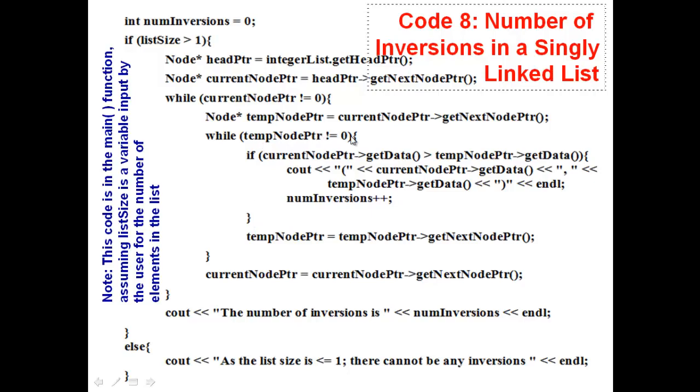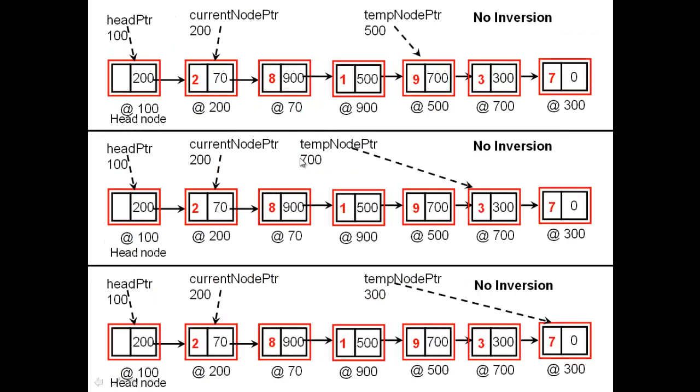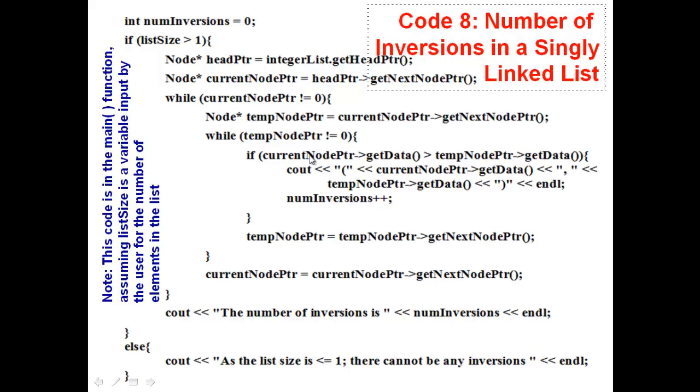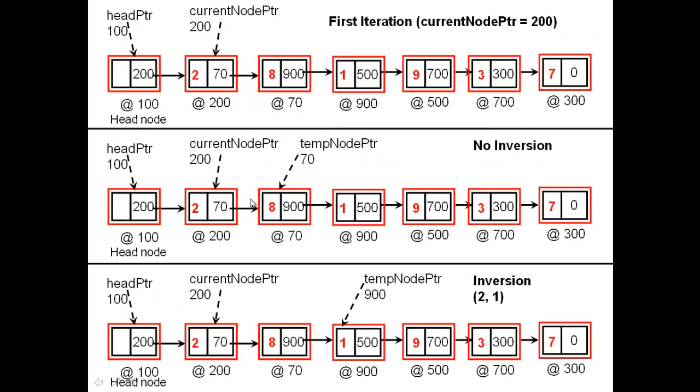So while temp node pointer is not equal to 0, in this case it is 70, so get inside the inner loop and compare the data of the current node. So current node pointer arrow get data is compared with temp node pointer arrow get data. If current node's data is greater than temp node's data, that's an inversion. In this case 2 compared with 8, but 2 is not greater than 8, so there's no inversion.